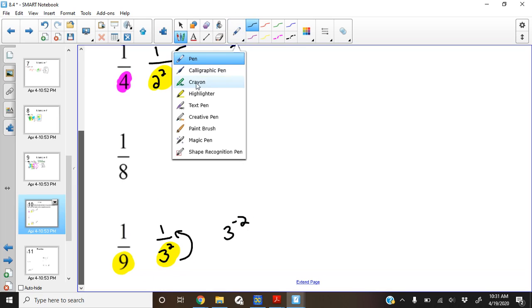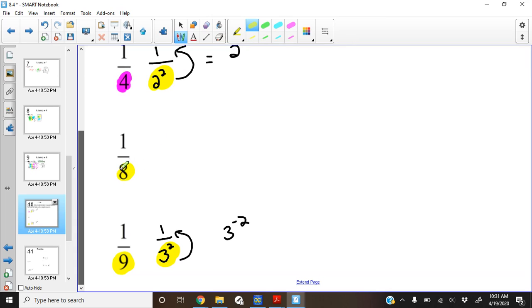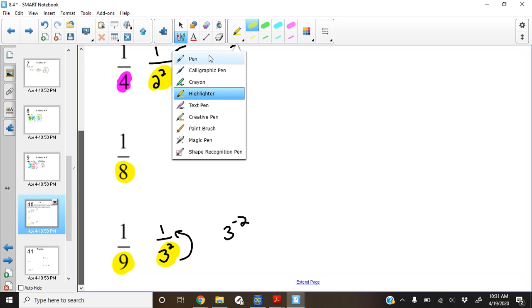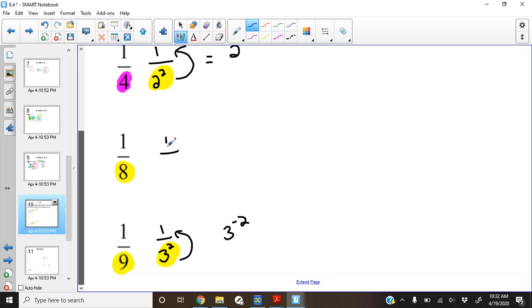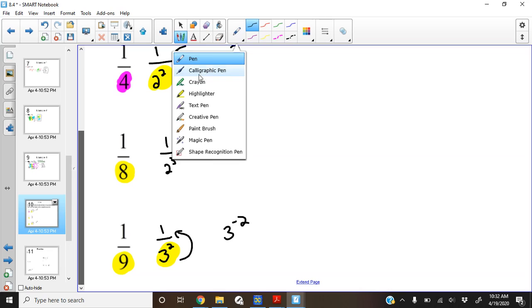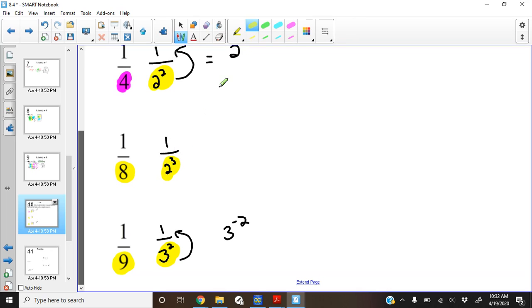And let's see, now that we've worked with this a little bit, how can we rewrite 8? 8 is actually 2 times 2 times 2. So that's really 2 to the third. And if we were to move that up, it would become 2 to the negative third.